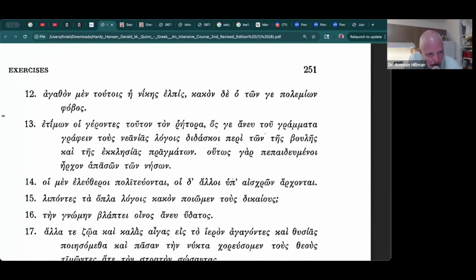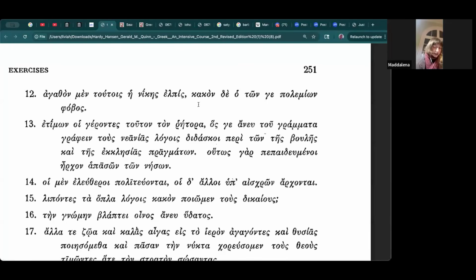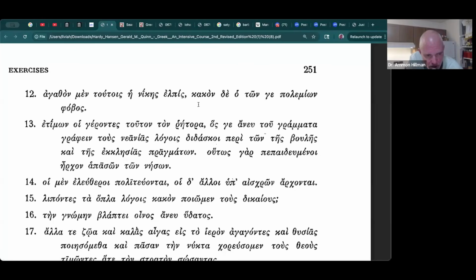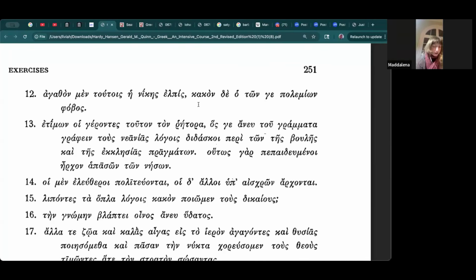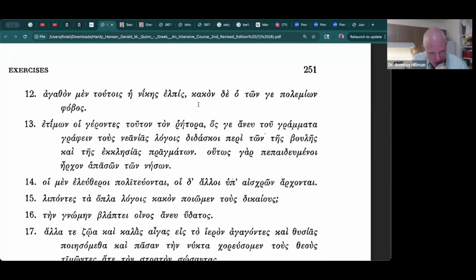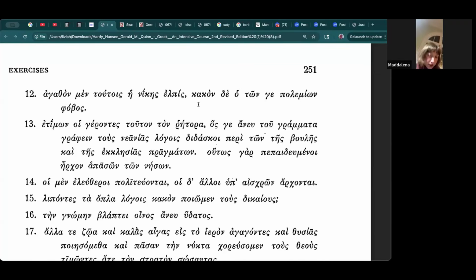How about number 12? Agathon men. See, if you just saturate yourself. Agathon men, okay, it's going to be a de. Where's the de? Kakon de. So, on the one hand, the good, on the other hand, the bad. What else do we do with this? Where's the verbs? No verbs.